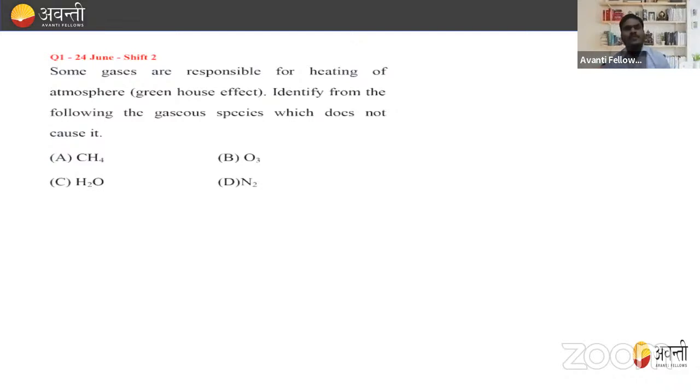So what you have to find, I give you 1 minute, just try to find out which will cause the greenhouse effect and which does not, because in this question, you have to identify which gas does not cause the greenhouse effect.